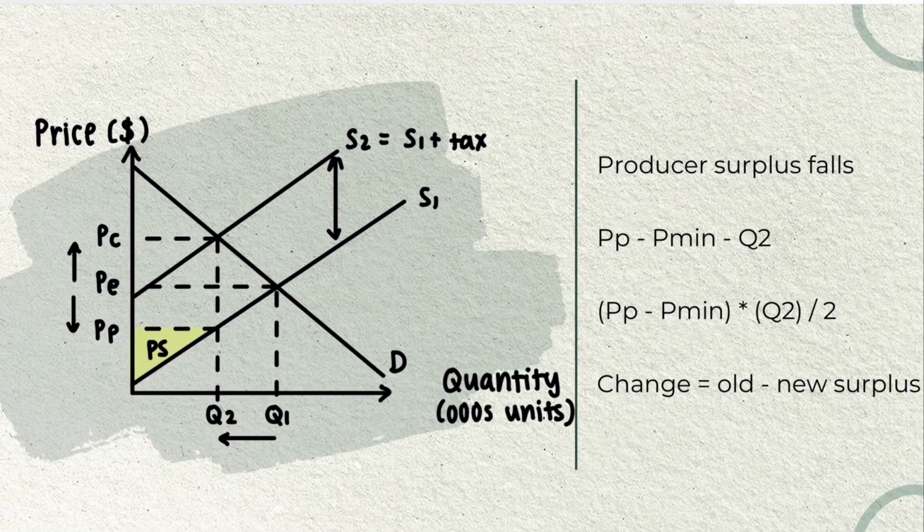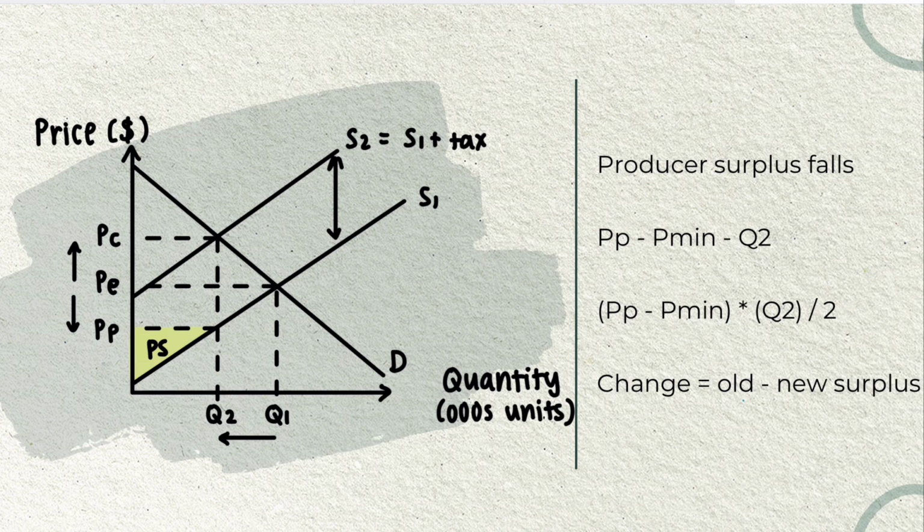Now, after the tax, the producer surplus falls as revenues received per unit goes from PE down to PP. And because there is less incentive to produce products into the market due to lower profits, quantity falls from Q1 to Q2. So the new producer surplus is the distance between PP and P min multiplied by the new quantity of Q2 divided by 2.